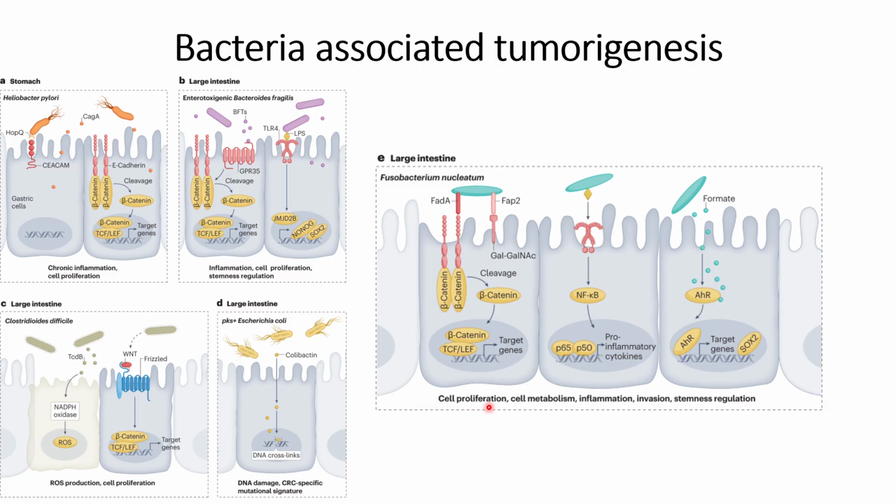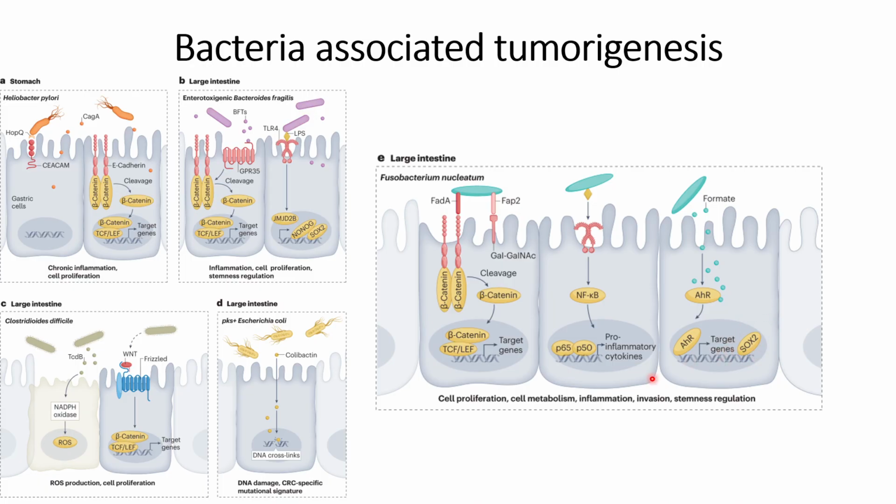and it will lead to the upregulation of target genes related to cell proliferation. Simultaneously it will also activate the NF-kappa B pathways, which helps the upregulation of pro-inflammatory cytokines, and these thereby help the cells upregulate tumor invasion using the upregulation of SOX2 kind of genes.